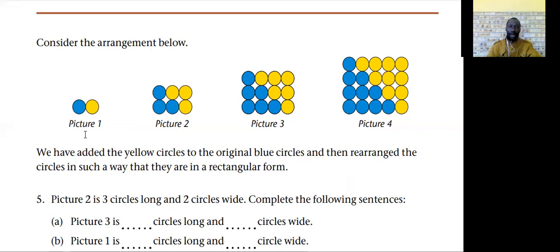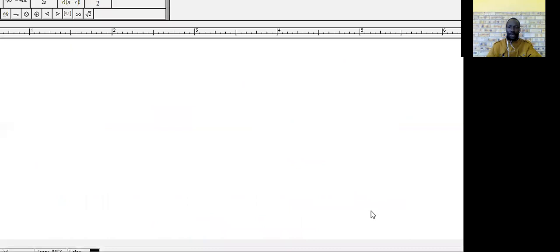So the first number represented by possibly 2 balls. Then the next number 6. Then the other number 12. Then the other number 24. You see that? So what I'm just trying to do here, I want to introduce a way of dealing with this.